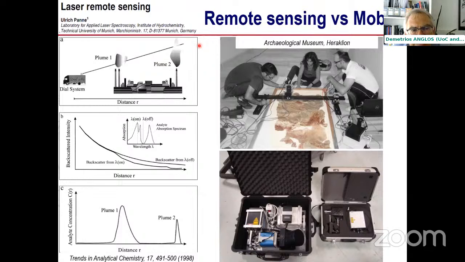We can understand that if we record the backscatter intensity, that drops with distance, and that is a consequence of the collection of light. The further away the source, the less light we collect.